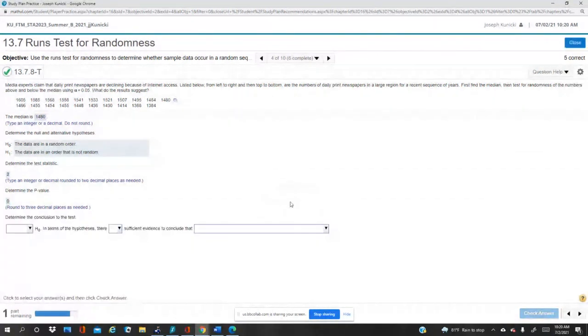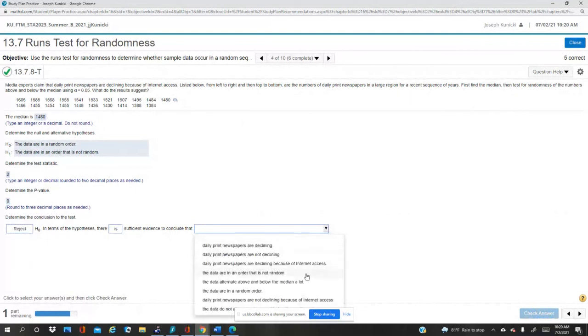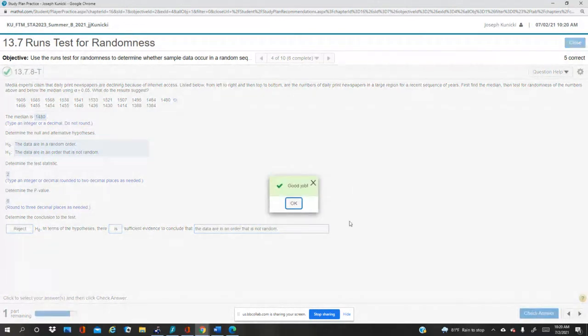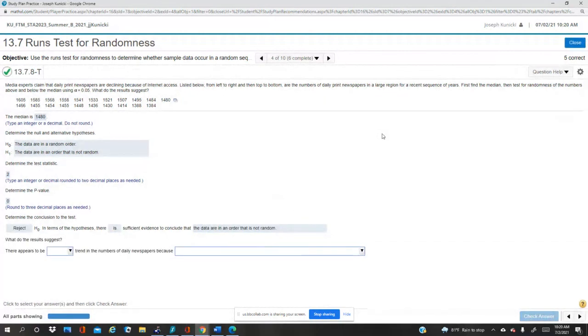There you go. So that means we're going to reject the null, and there is sufficient evidence to conclude that the data is not random. It's contrived. Well, not contrived, but it's got a pattern, a distinct pattern.